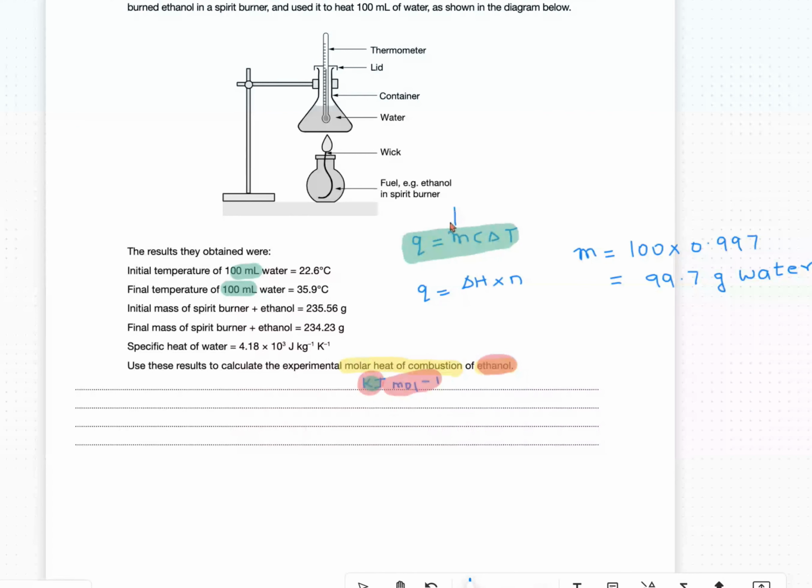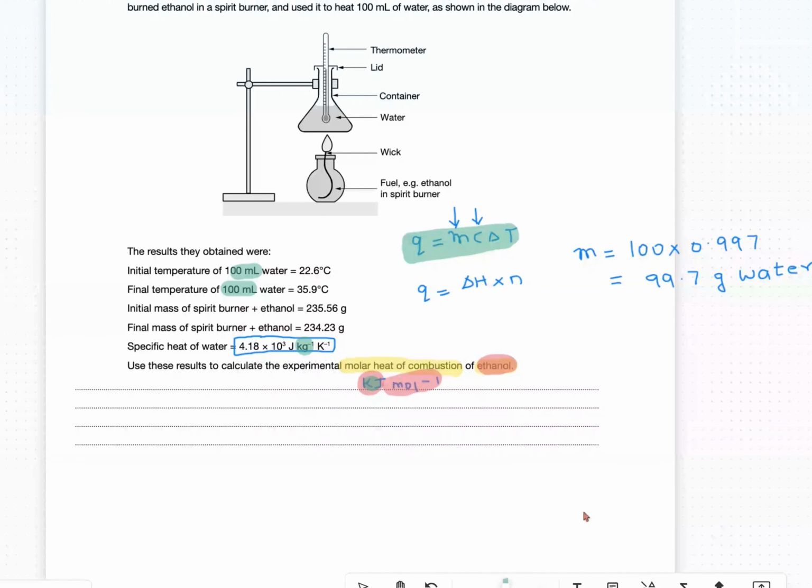So we got the mass of water. C is, now here there is a confusion. What they did here in the question, they gave you C as 4.18 times 10 to the power 3. If you use exactly that C, then you need to use kilogram as the mass of water, not gram.